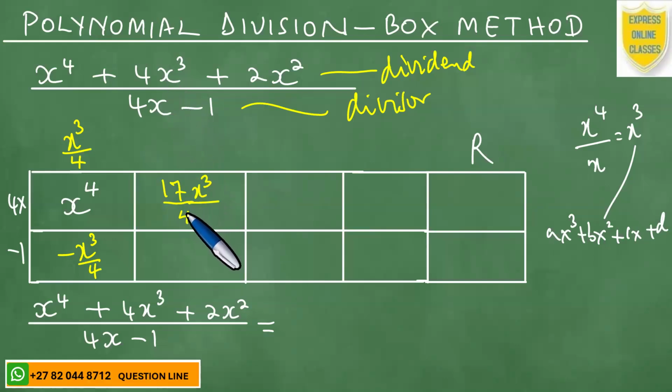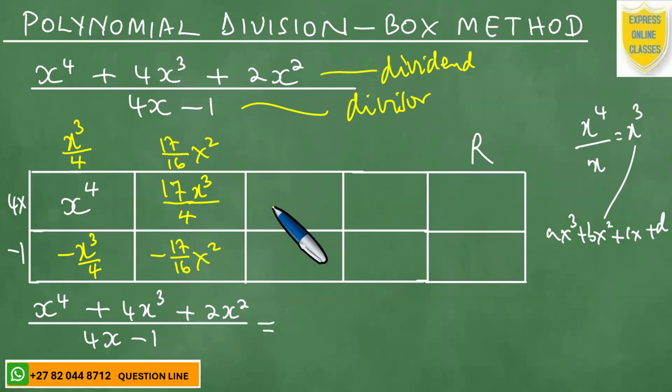And now we continue with our division. If we say 17x cubed divided by 4, all divided by 4x, that is going to give us exactly 17 divided by 16 x squared. If you multiply these two, you get that. But if you multiply minus 1 times 17 over 16 x squared, we get negative 17 divided by 16x squared.